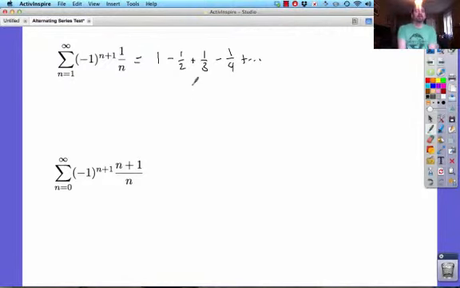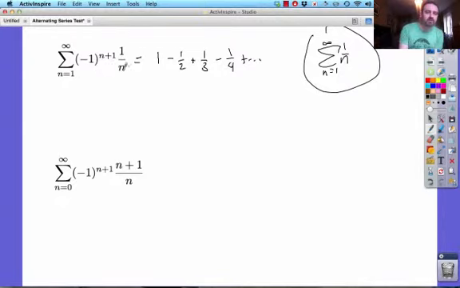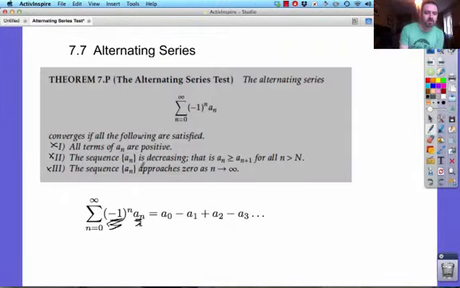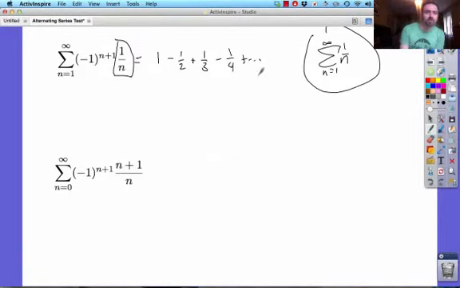Now remember that the harmonic series is divergent. However, let's look at this. All the terms of this are positive. So we're looking at all the things here. The terms must be positive, check. The sequence must be strictly decreasing, and the sequence must approach 0.